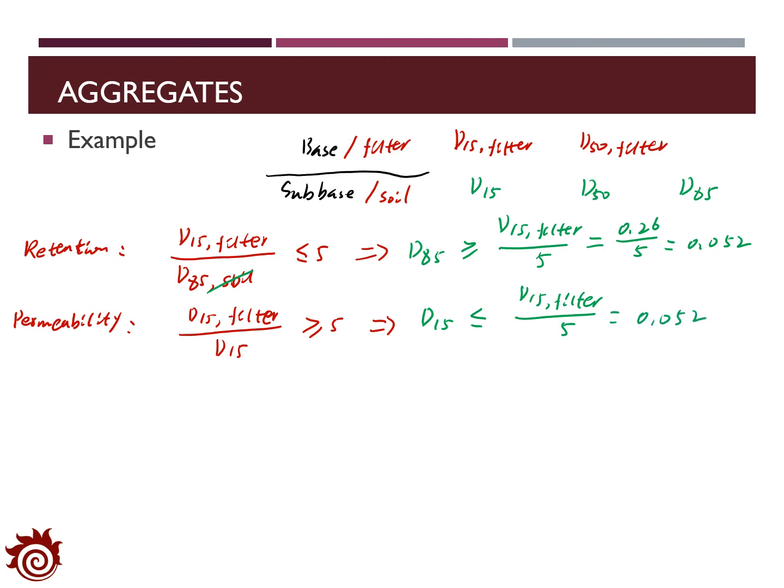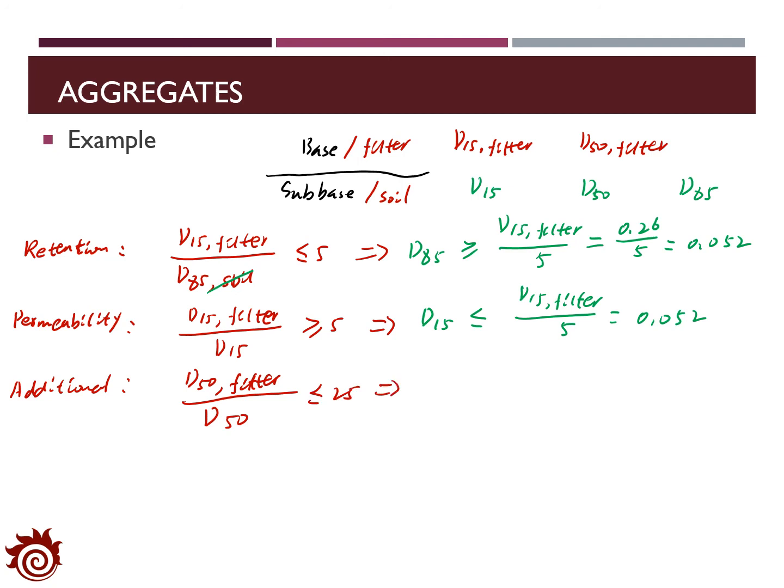Finally, we will call the additional criterion. So we have D50 filter over D50 less than 25.